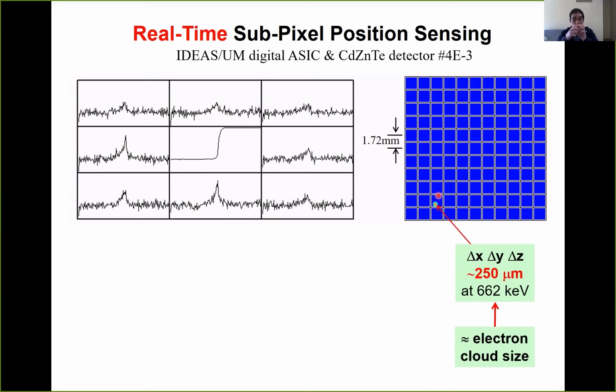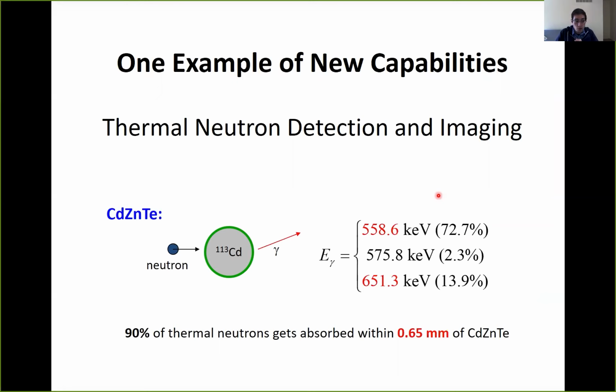The way we try to infer that there are neutrons is via the neutron matter interaction effect. Neutrons behave slightly differently than gamma rays. In this scenario, the neutron, which has very low energy, gets captured on the cadmium.